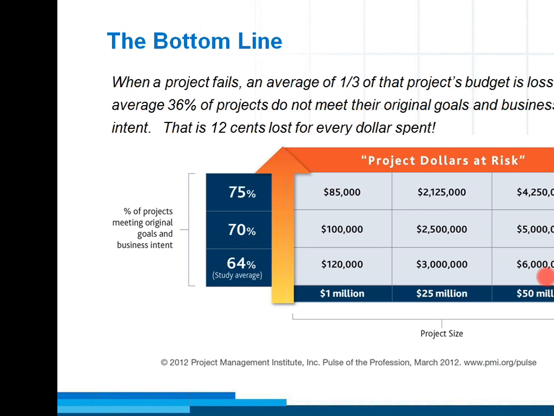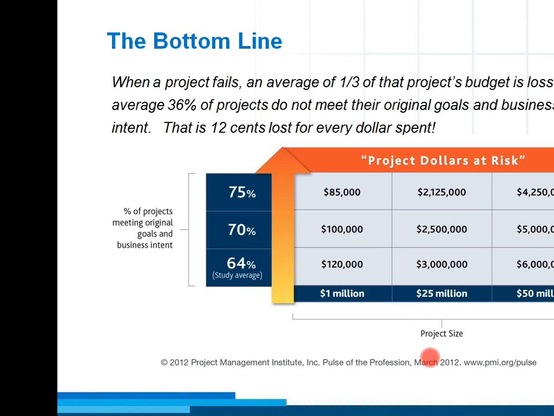If it is 50 million, it goes further above. So this shows that when we plan and mature our practices, we will get the ability to reduce this amount. We will be able to do this when we increase the number of projects, or we increase the success rate of projects.